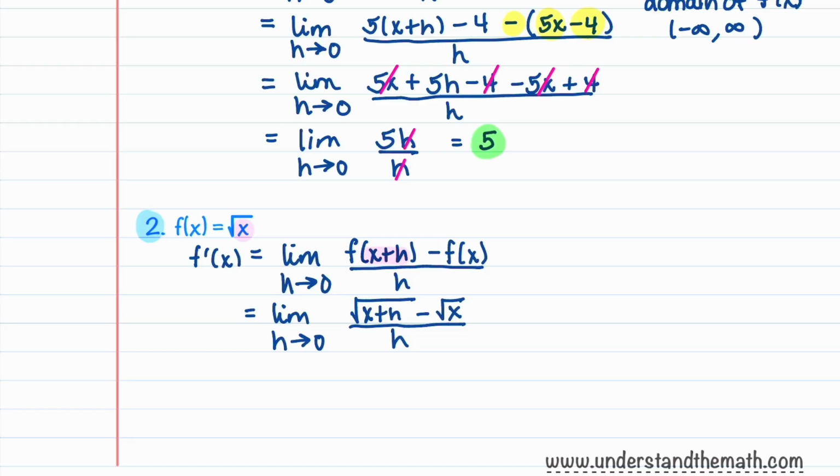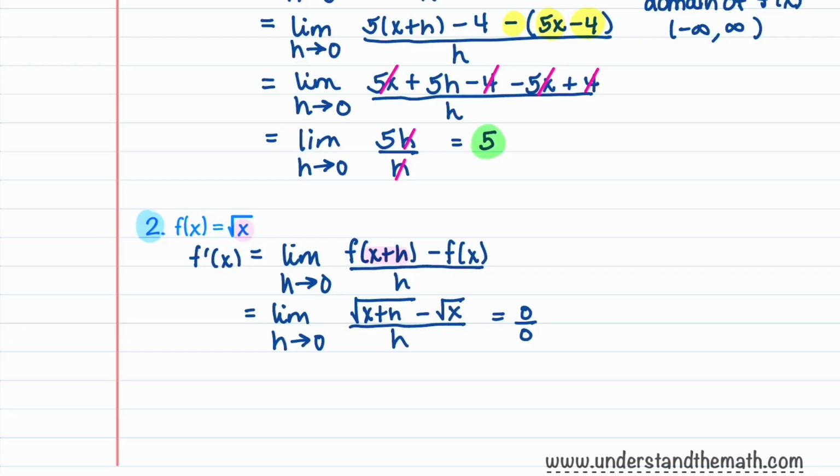When we plug in that h goes to 0, we are going to get square root of x minus square root of x, which is 0 over 0. That is an indeterminate form. I have a video on evaluating limits with indeterminate forms like this if you need to review that. To evaluate this limit, notice that we have a square root minus another square root.